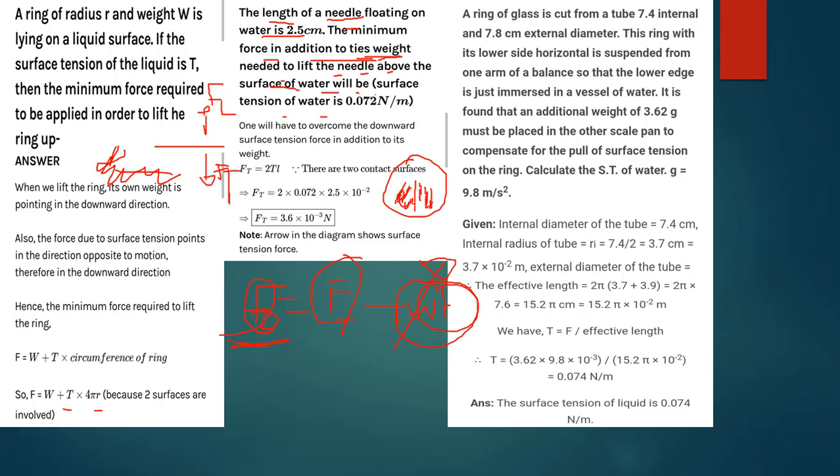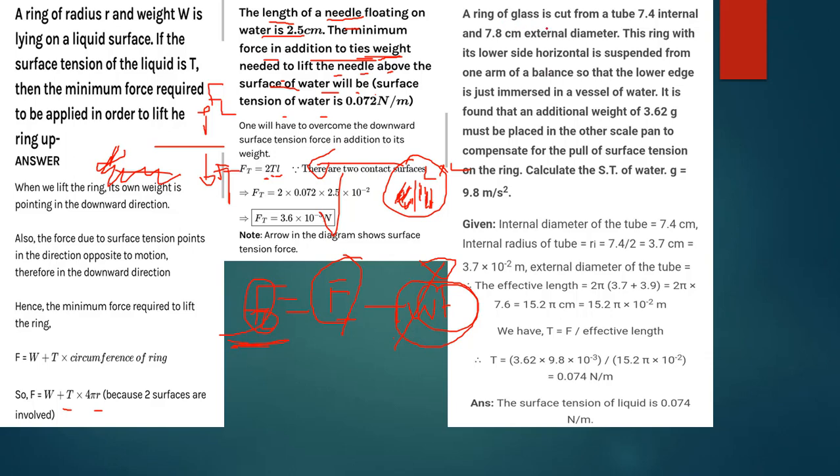Okay, so the length of the needle we multiply by 2, and that is why here the force is equal to 2 times surface tension times the length, and you get your answer.